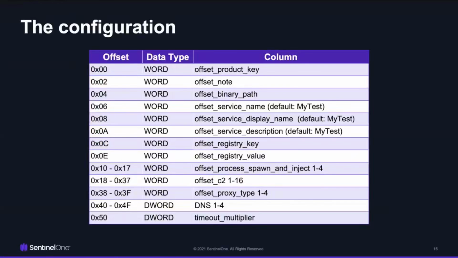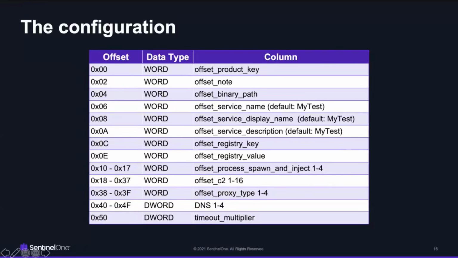Regarding the configuration, this table shows all of the columns in the configuration. The first 2 columns, offset product key and offset nodes, are the identifiers of the campaign. They could be randomly generated. And later come the binary path, some service settings, and run key registries. The default name of the service is myTest.